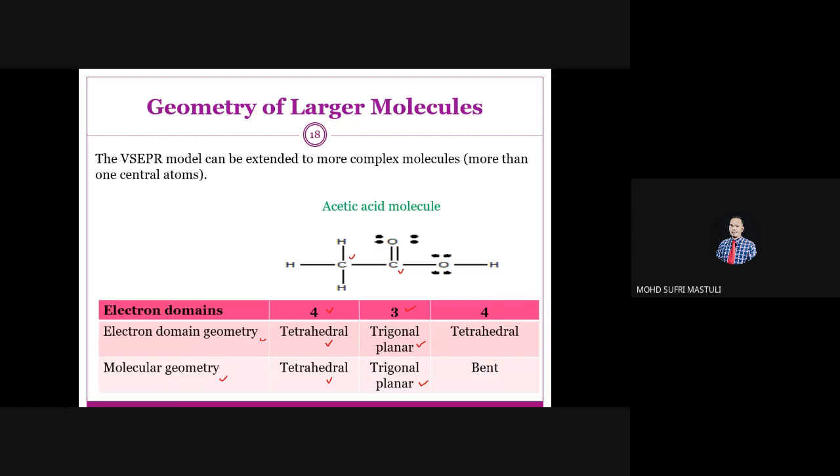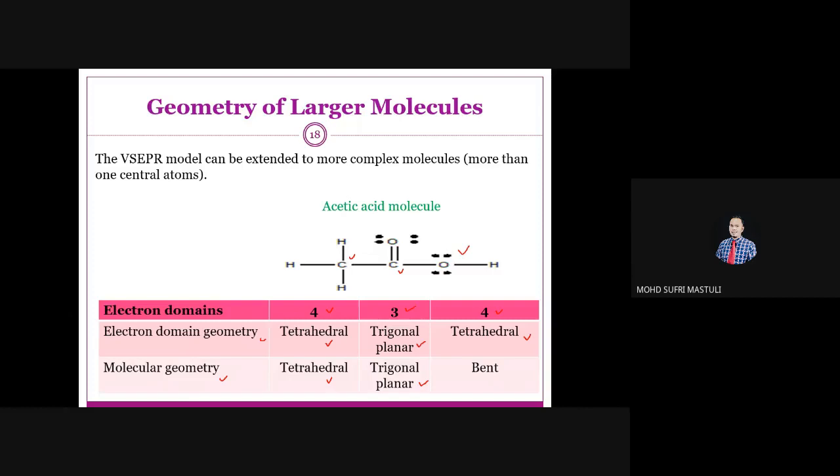But it is a different case for this oxygen atom. We know the electron domain for this oxygen atom is also 4: 1, 2, 3, 4. However, it has 2 lone pairs. Because of the electron domains of 4, the electron domain geometry is tetrahedral.